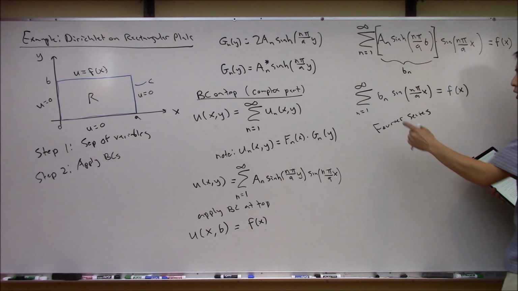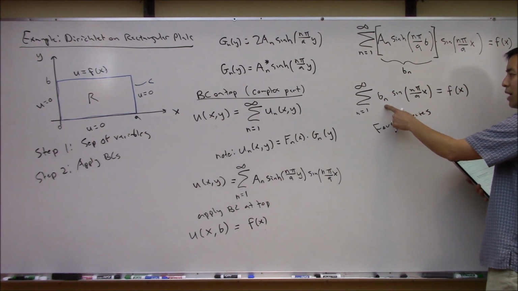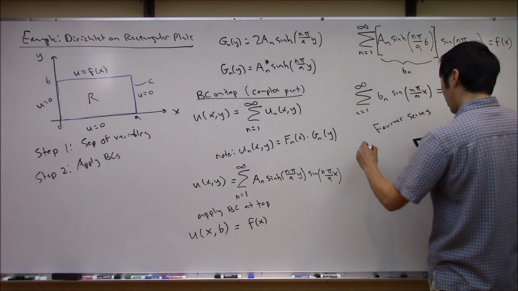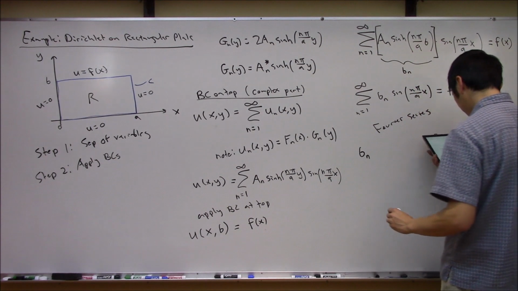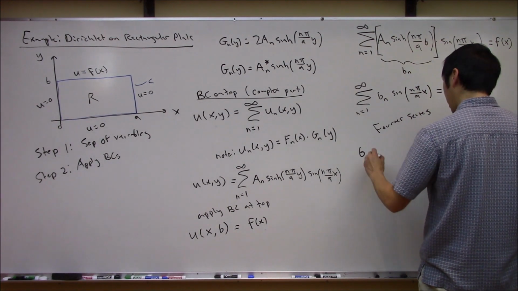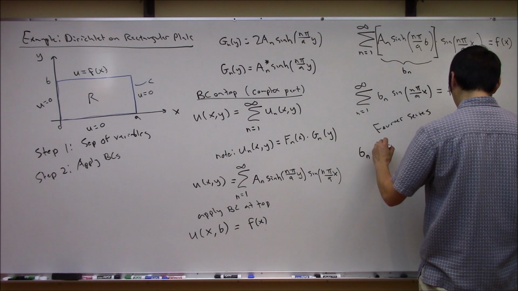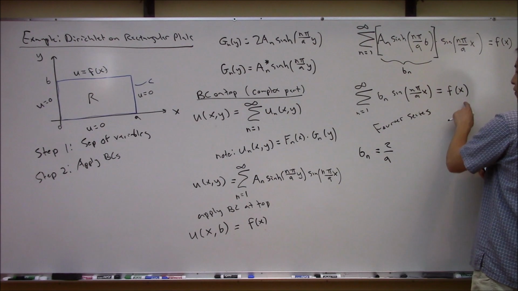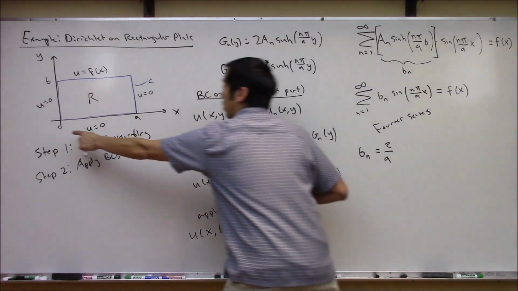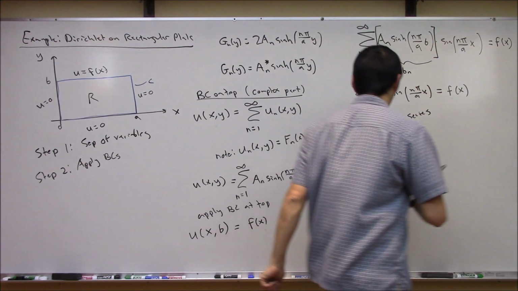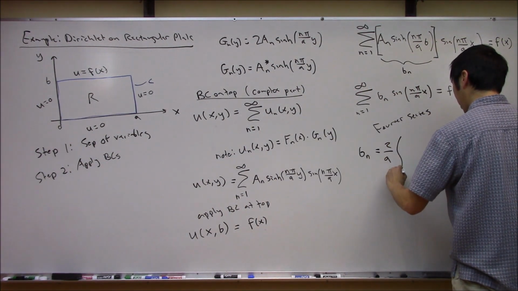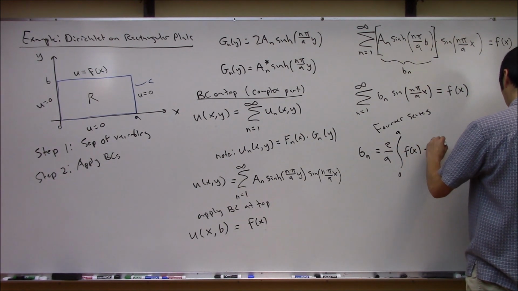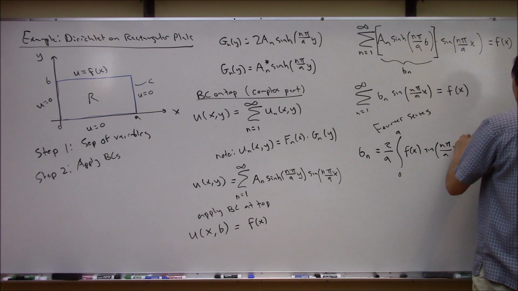So here we go. Fourier already told me how to compute b_n. The Fourier analysis said this little b_n is going to be 2 over a, because this function f of x has a period from 0 to a, times the integral from 0 to a of f of x sine of n pi over a x dx.